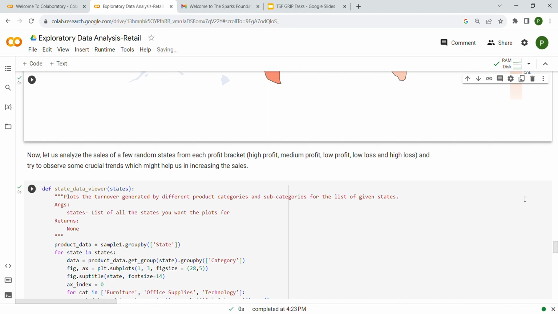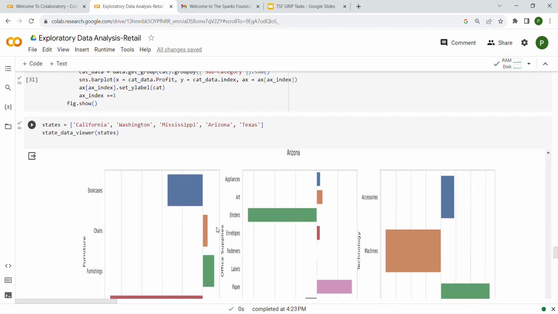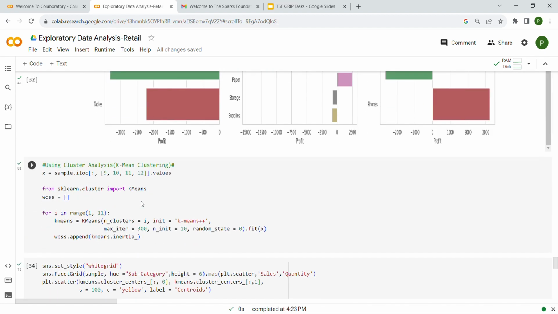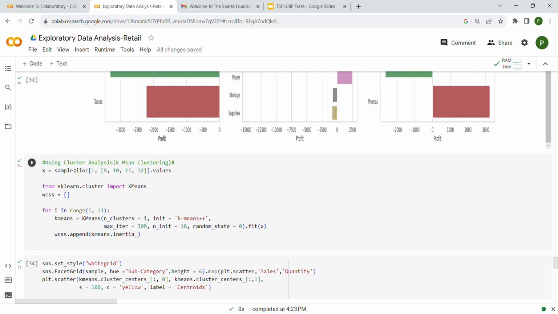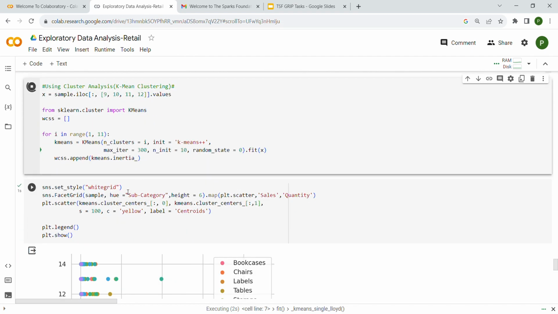Now let us analyze the sales of a few random states from each profit bracket and try to observe some crucial trends which might help us in increasing the sales. Using the K means clustering as we used to do in our second task.